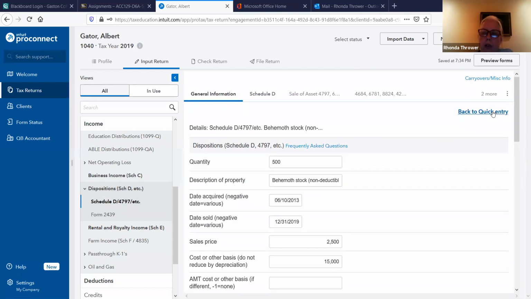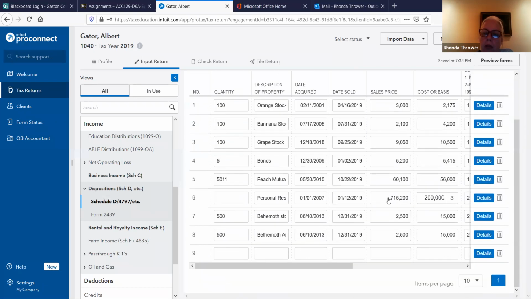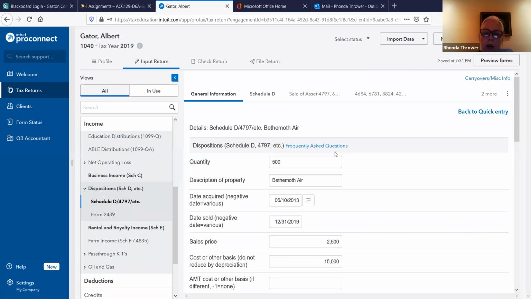I'm going to go back to my second journal entry that I've already recorded, and I'm going to look at the details for it. This is where you would originally record it, in the information for Schedule D. You're going to write down 500 shares as your quantity.